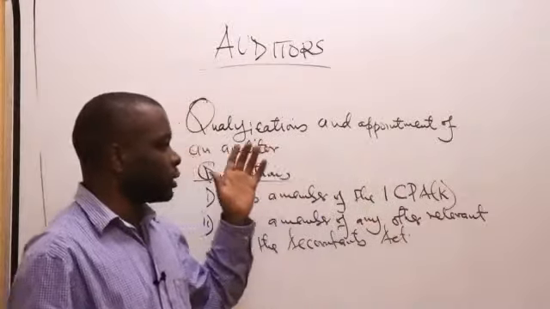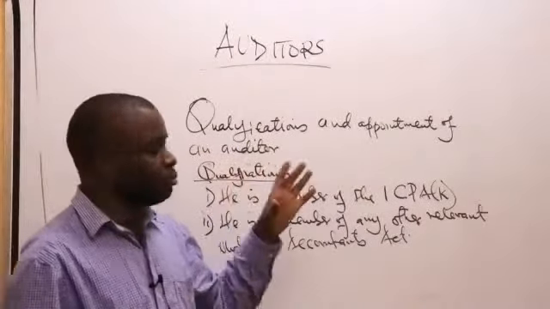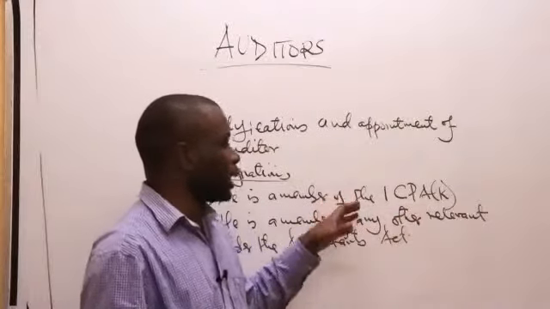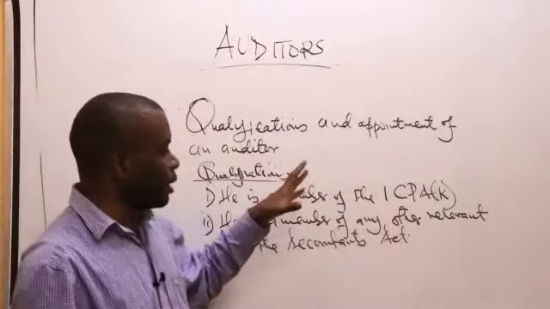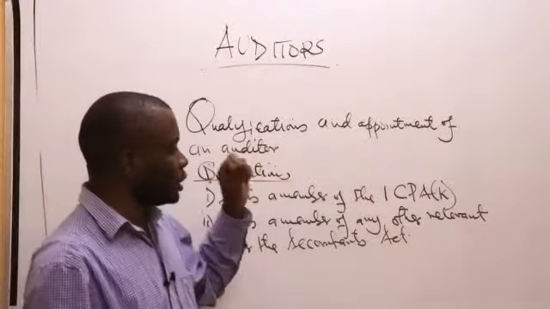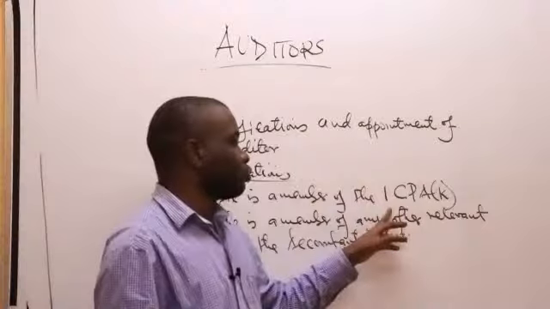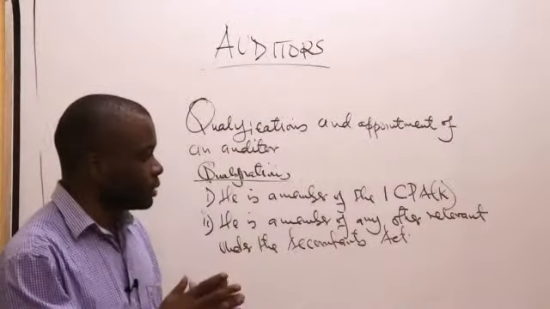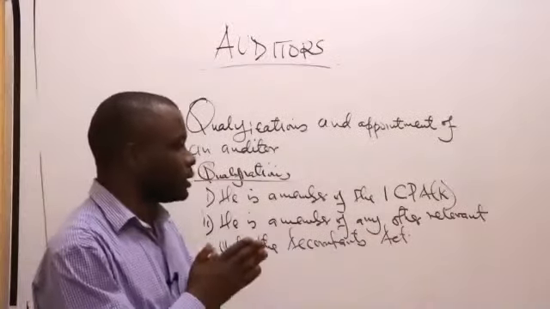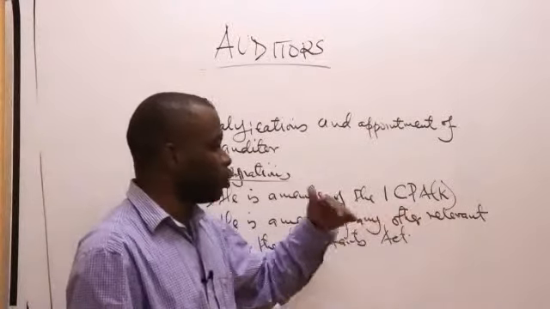There are two ways of being a member. You can be a corporate body being a member of ICPAK, or you can be an individual being a member of ICPAK. If it is your firm, for it to be recognized as an auditing firm, it must be approved by ICPAK to provide auditing services.